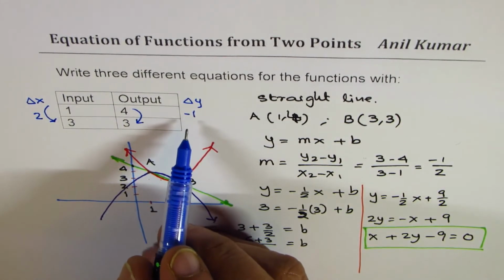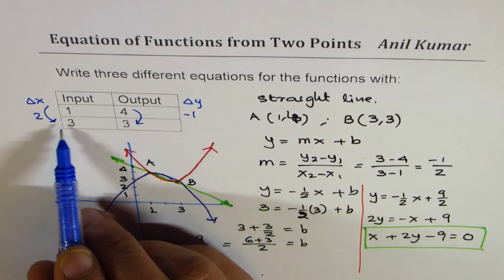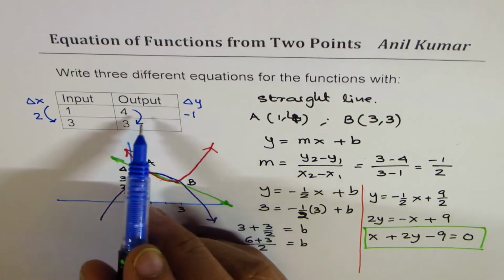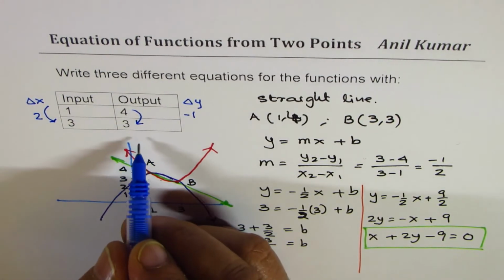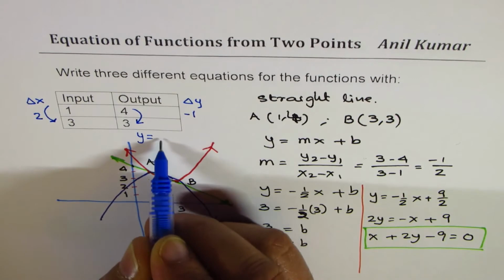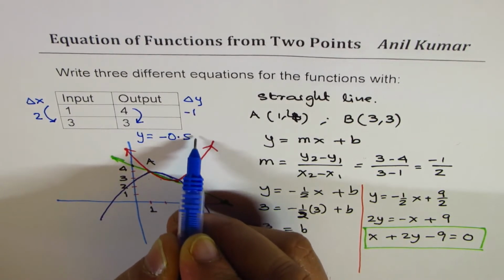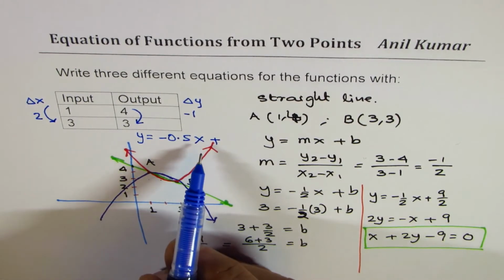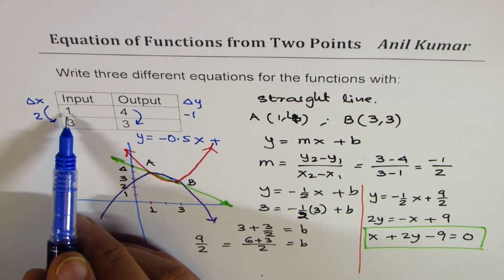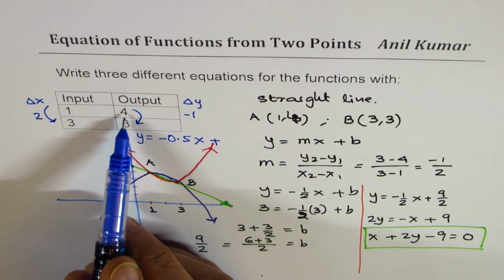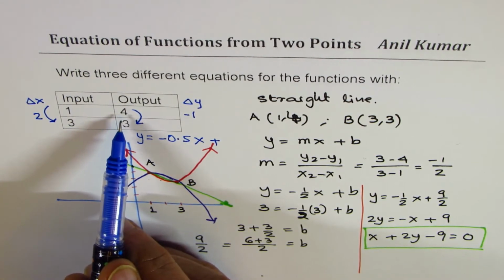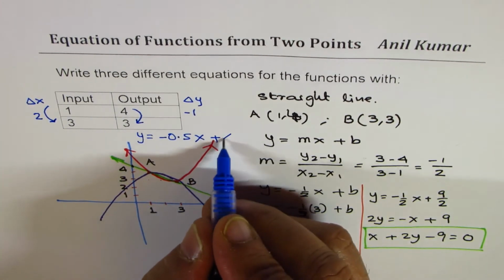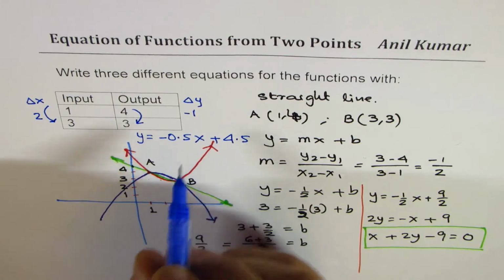So that means we have a factor of minus half, or 0.5. Is it okay? So we can say that y equals minus 0.5 times x plus what? We have to decide. So what we do here is that we substitute 1 for x. If I substitute 1, I need 4. So how do I get 4? I can get 4 by placing 4.5 here. Do you see that?